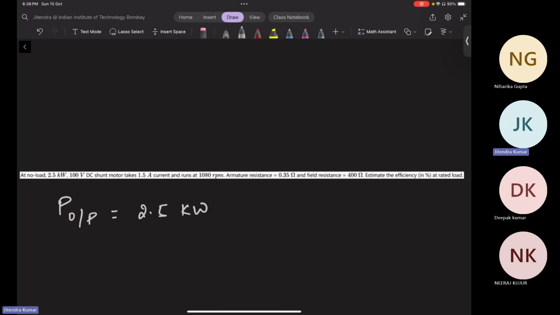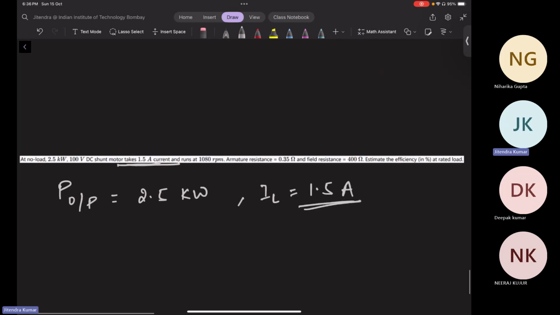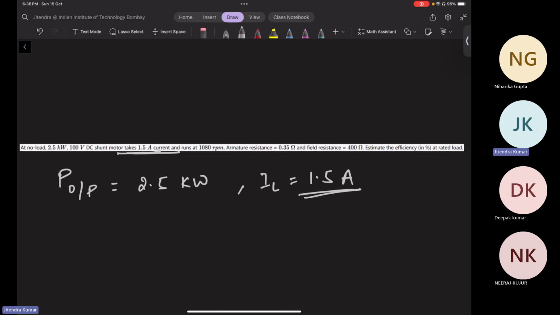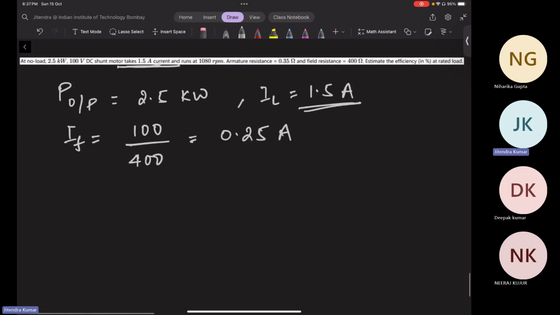1.5 ampere this machine is taking. It means IL is 1.5 ampere at no load. And IF, field current, will be 100 volt divided by 400 ohms. It will be 0.25 amps. So in the last lecture also, I told you that no load rotational and magnetic losses will be equal to EB into no load armature current, right?